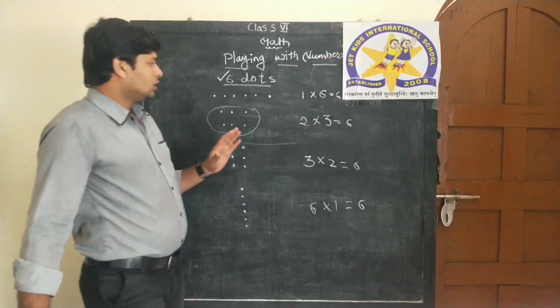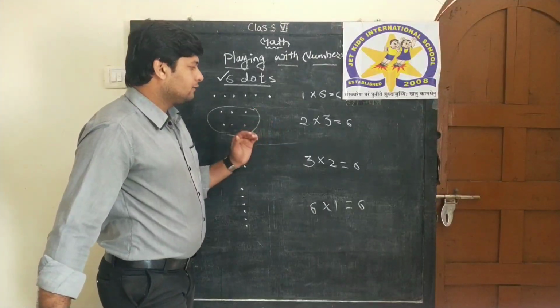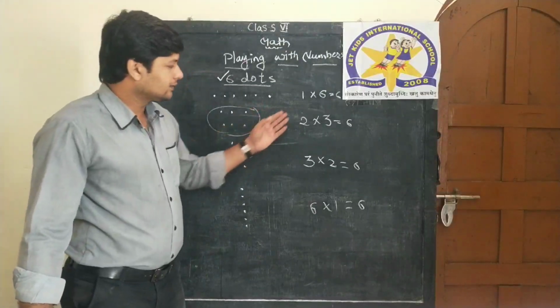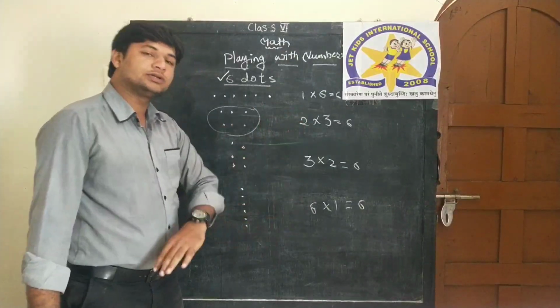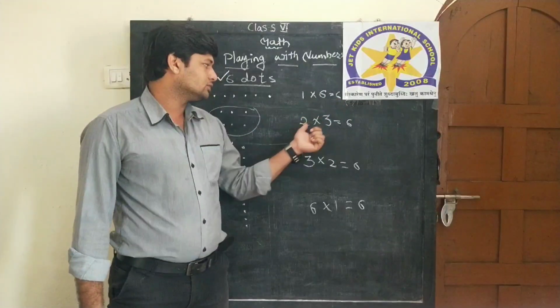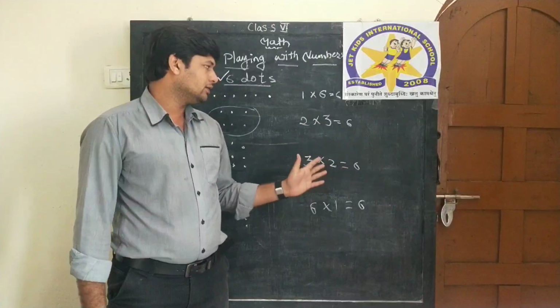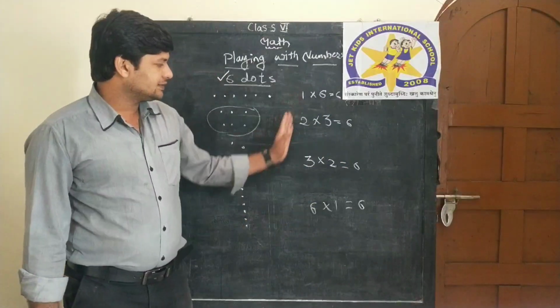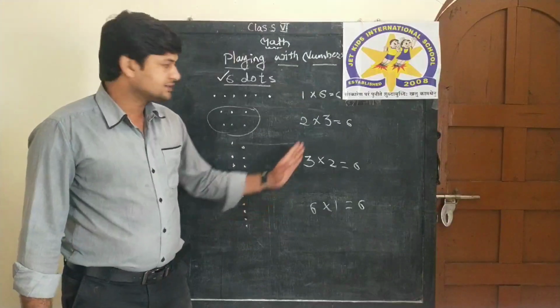Now, if you want to understand factors, observe this. 6 is divisible by 1, 2, 3 and 6. These are the divisors of 6.